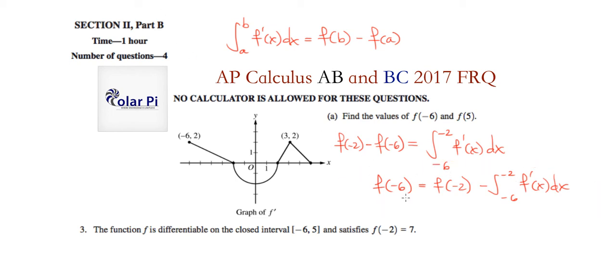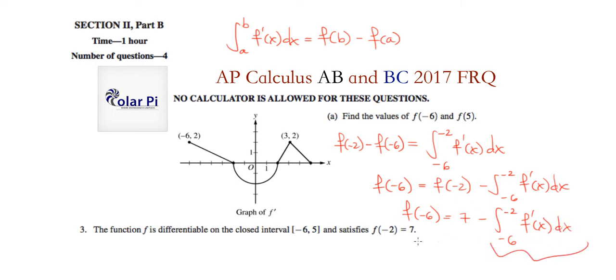And we know f of negative 2, that's given, it's 7. So all we have left to do to figure out f of negative 6 is write 7 minus the value of the integral from negative 6 to negative 2 of f prime of x dx. Now, what does this mean?